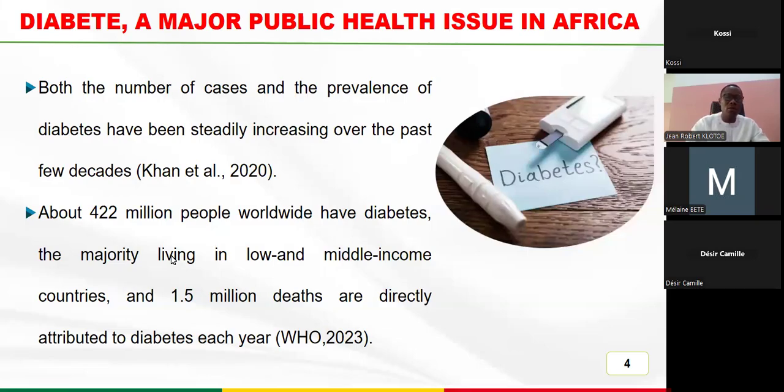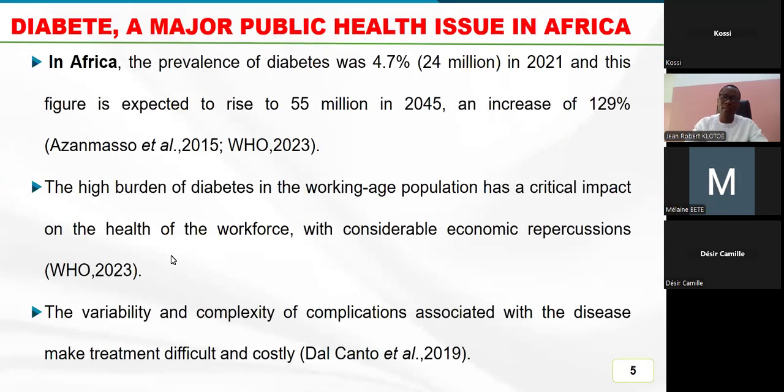So based on WHO, more than 400 million people worldwide have diabetes, and the occurrence of this disease is increasing year by year. So it's a huge problem, and the consequences are also multiple.